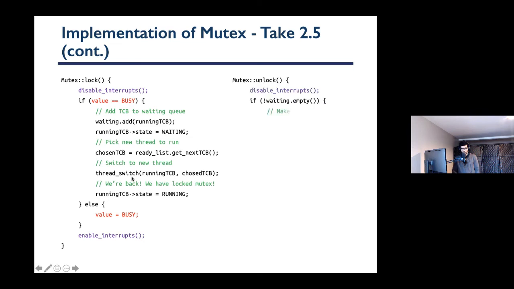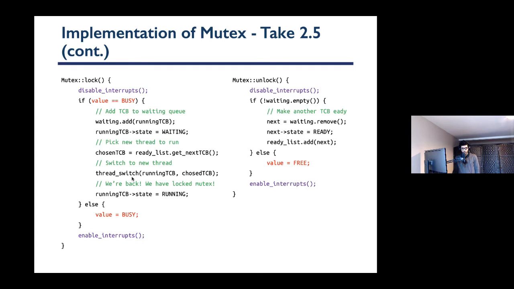Now let's look at the unlock function. So unlock also disables interrupts and enables interrupts at the end. What it does, if you're unlocking, you check to see if anybody is waiting. So this waiting is the queue of the mutex, right? It was the element of the mutex.